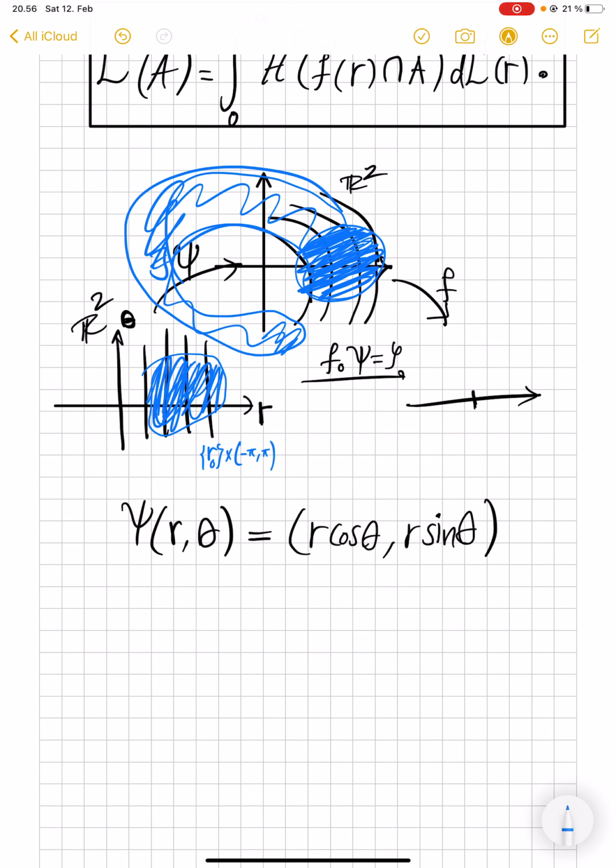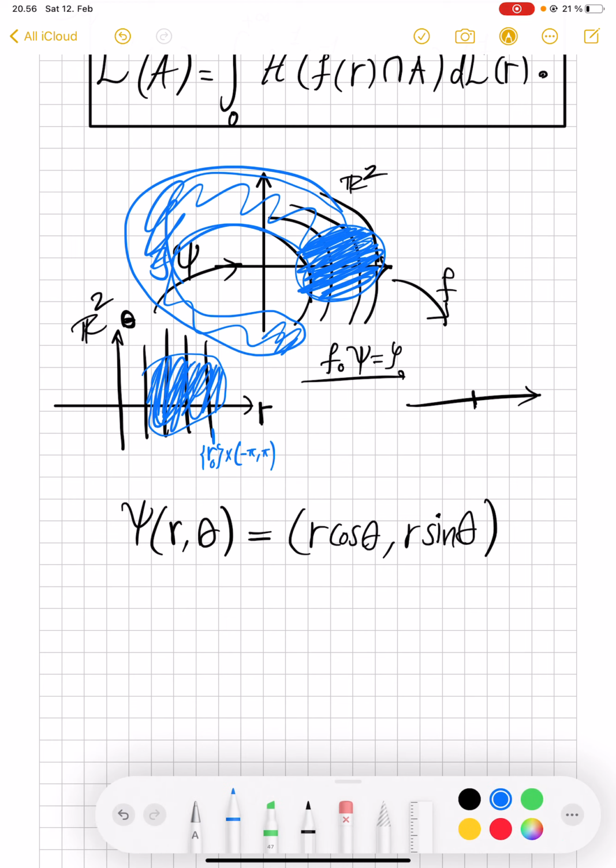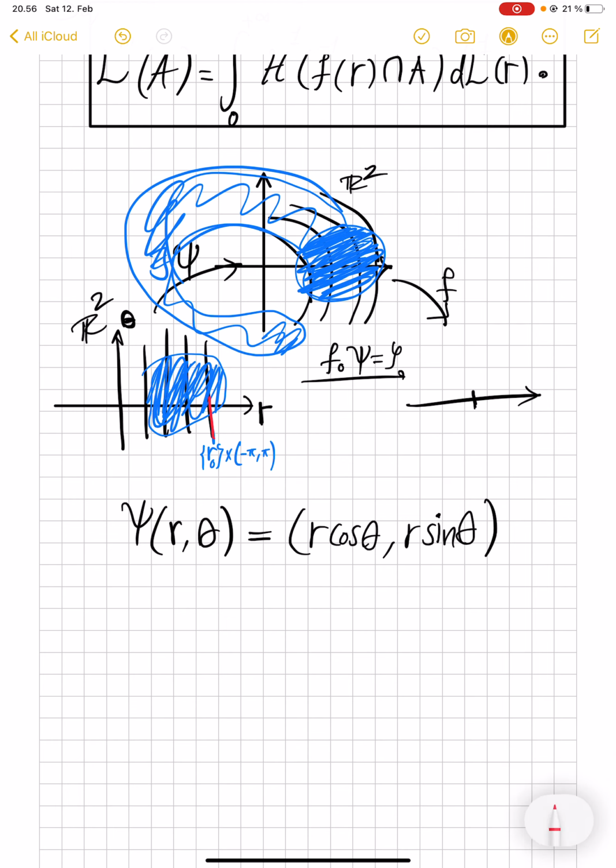So when you freeze your r0, the fiber here, let's maybe use red, the fiber above this corresponds to this fiber, which is the circle at radius r, not all of it, of course.